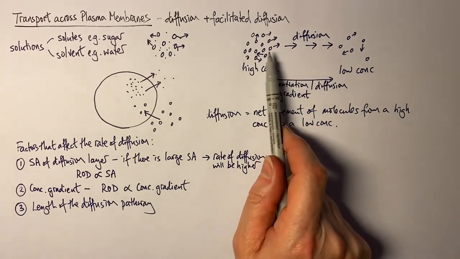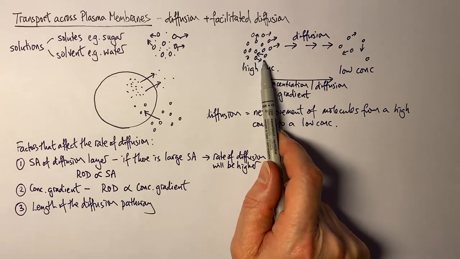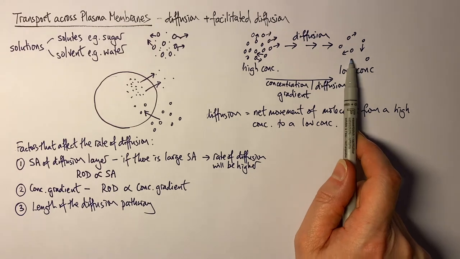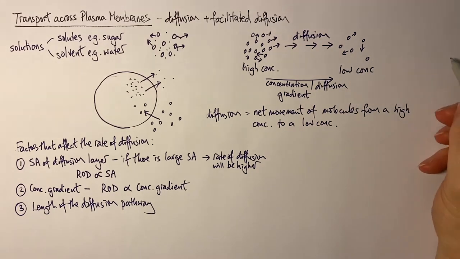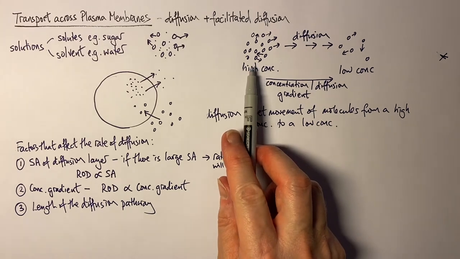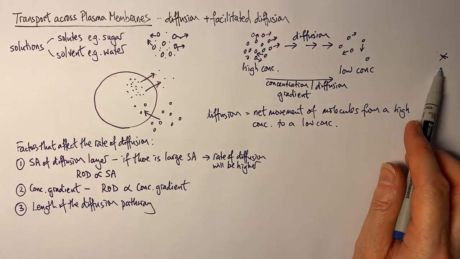So if we had these molecules here and we timed how long it would take them to get to here, and then we timed how long it would take them to get right over here, of course, it would take less time for them to get to here than there.